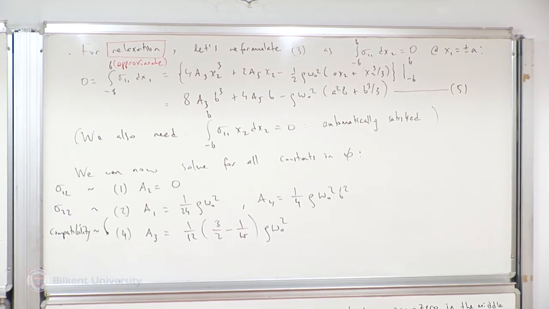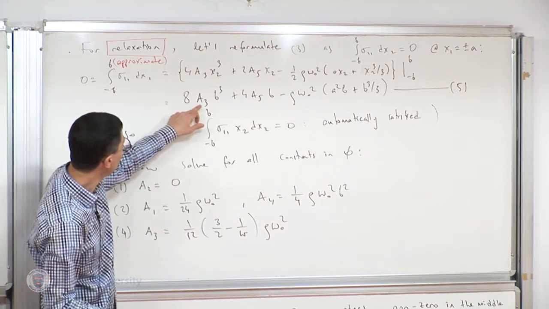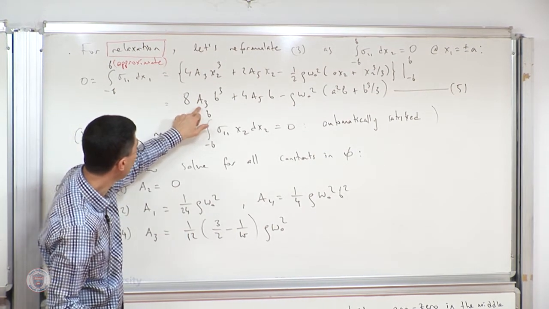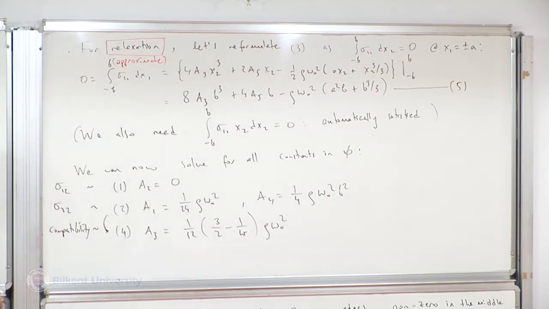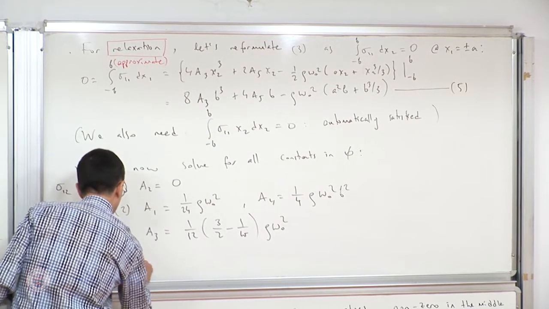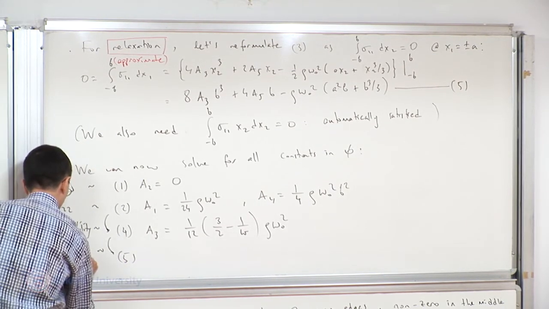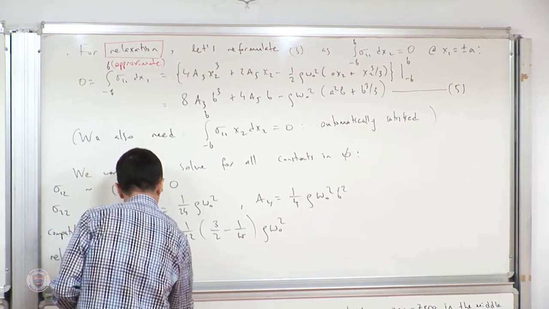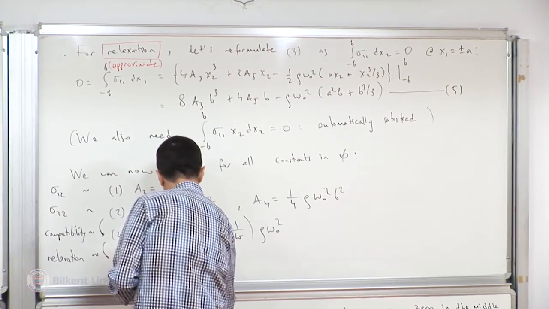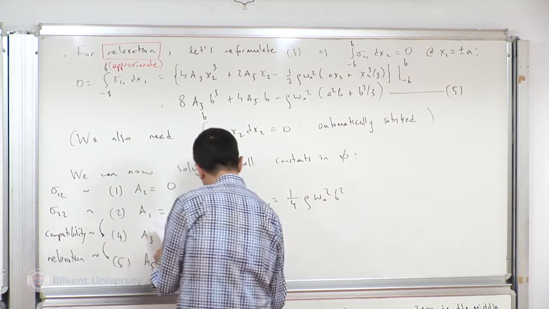And now I have everything except A5, but equation number 5 gives me a relation that is to be satisfied between A3 and A5, which is associated with this relaxation. So then I go to equation number 5. That has to do with the relaxed boundary condition, and I solve for A5. Okay, of course, you may want to verify these solutions.